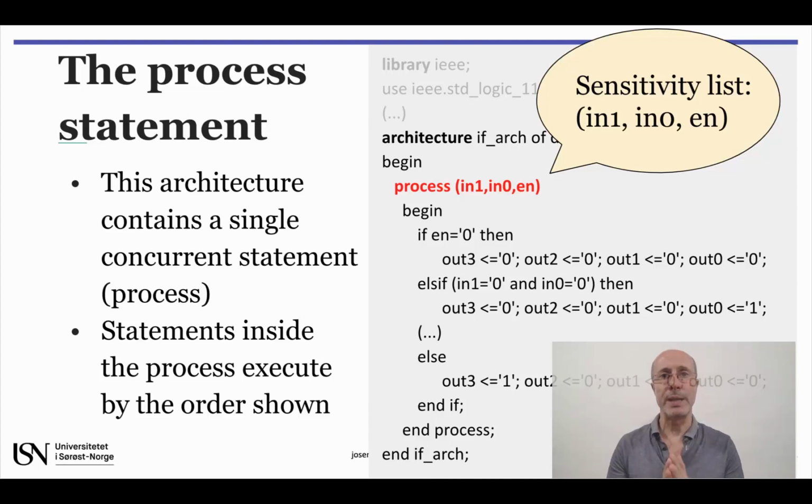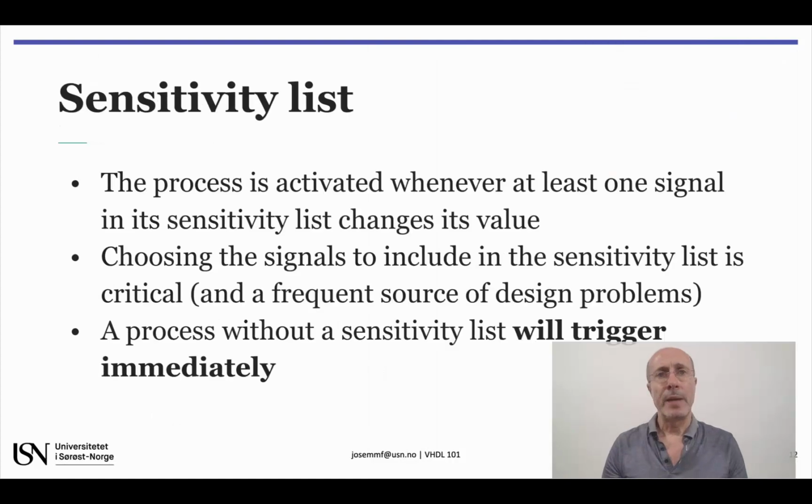This list is called the sensitivity list. The process will be activated or triggered whenever at least one of the signals in its sensitivity list changes value.